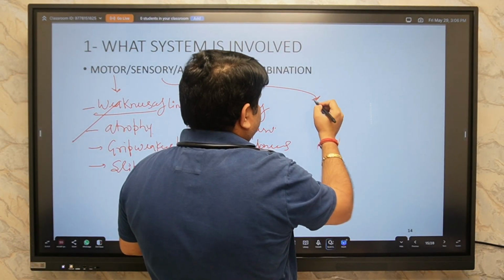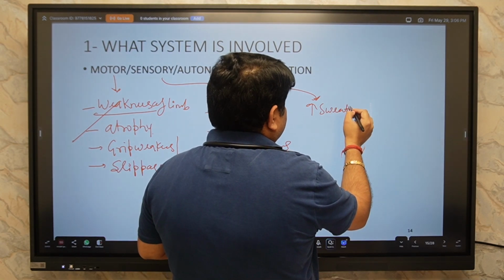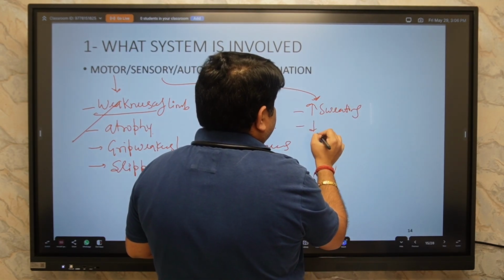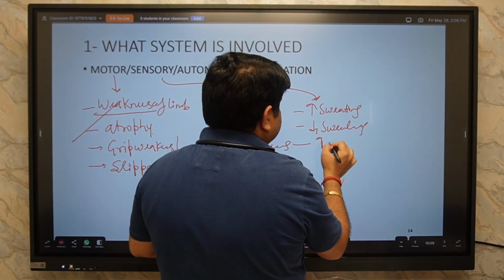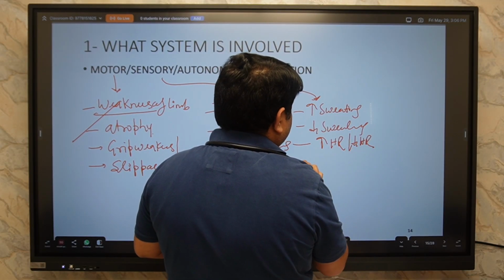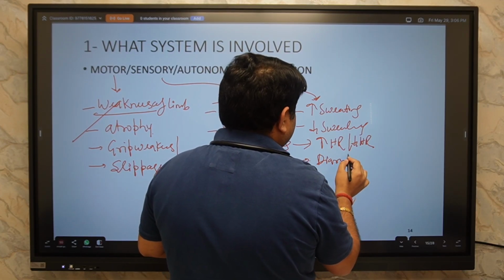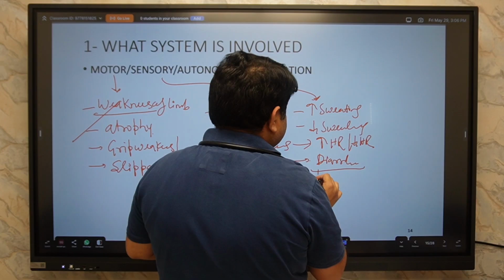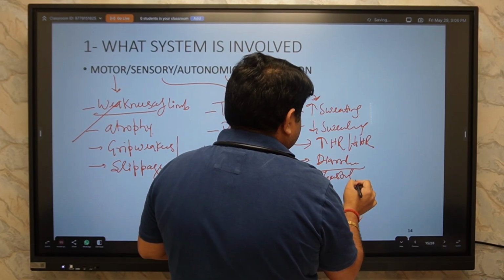Autonomic symptoms are increased sweating, decreased sweating, increased heart rate, decreased heart rate, diarrhea, decreased gastric emptying, gastric paralysis, constipation.